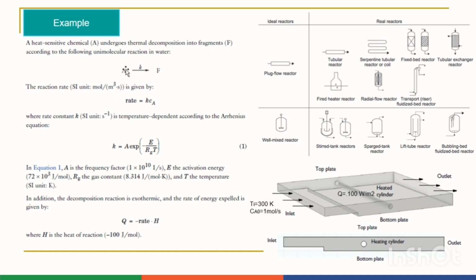Here you can see the chemical reaction, rate of reaction, and the rate constant based on the Arrhenius equation, and all parameters related to the Arrhenius equation are provided here.